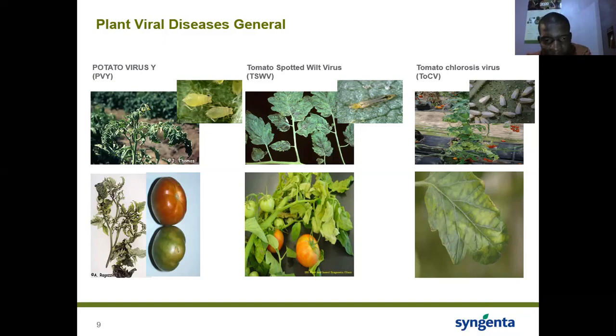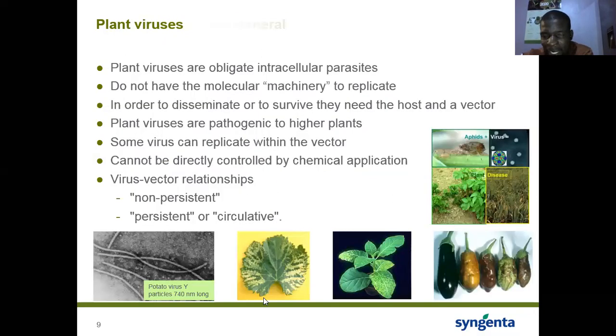So I brought this lesson on bacterial and viral infections because mostly we mistake bacterial infections and viral infections for fungal infections. And at the end of the day, as farmers, we spend a lot on chemicals which will not even control our problems in our fields.